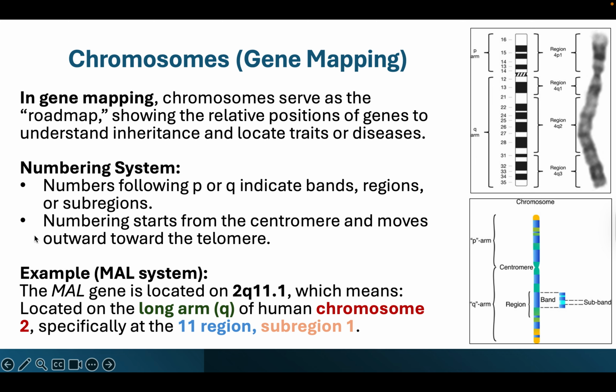For example, if I say I have a blood group system called MAL, the gene encoding this blood group is located at 2q11.1. What does this mean? If you read it in the textbook, that means the gene is located on chromosome 2, long arm, region 11, and subregion 1.